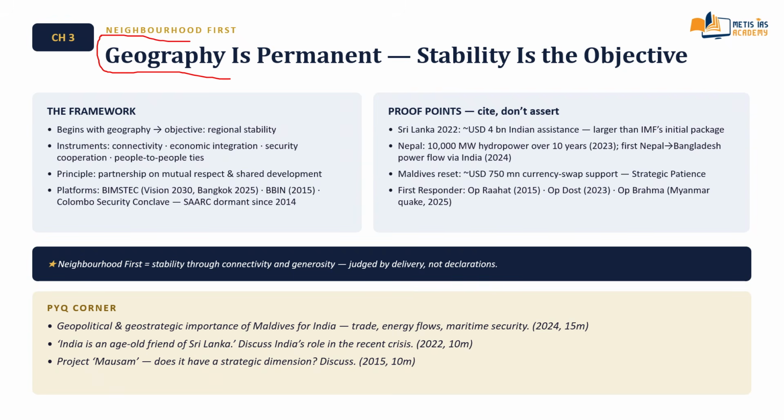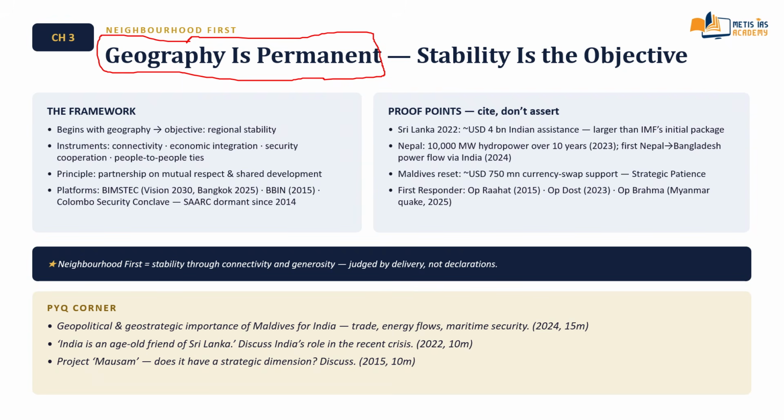And every country's foreign policy begins with its immediate neighborhood. So we are going to discuss India's neighborhood first policy, that is geography, regional stability, and India's strategic priorities.